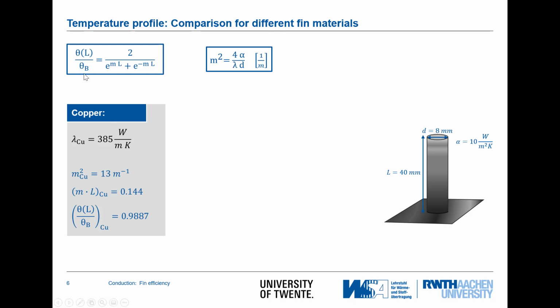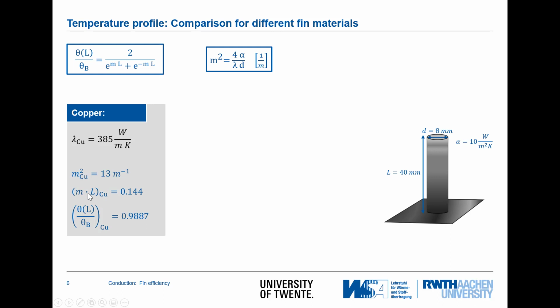So for the material copper, we need to calculate this coefficient m square using the values given. We come to a value of 131 per meter, and from the m square calculation we can also calculate m times L, and this value is 0.144.